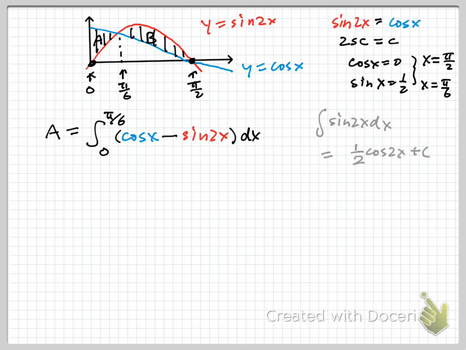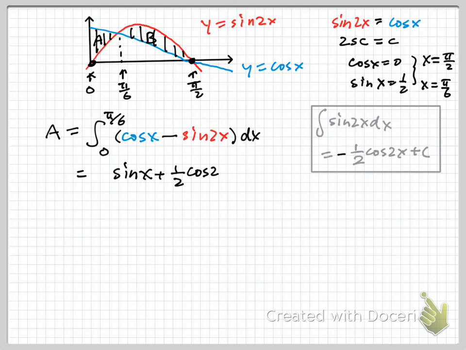Once again I leave it as an exercise for the indefinite integral. You can easily do it with integration by substitution. Anyways, this will be sine x plus 1 over 2 cosine 2x, from 0 to pi over 6. And that goes to 1/4 if you put back the pi over 6 and 0 into the equation.